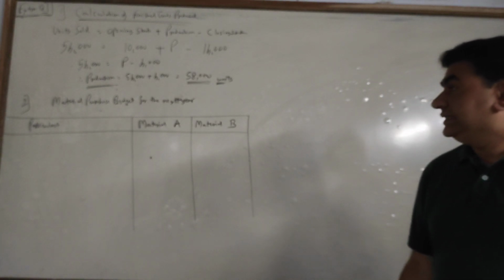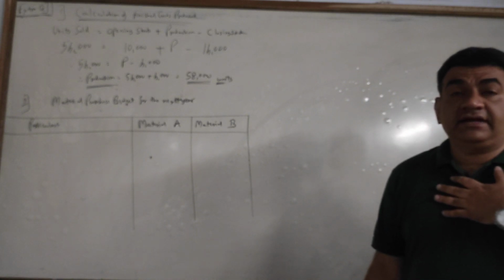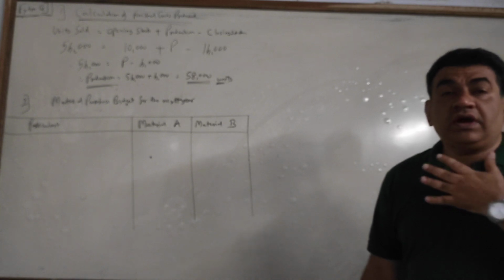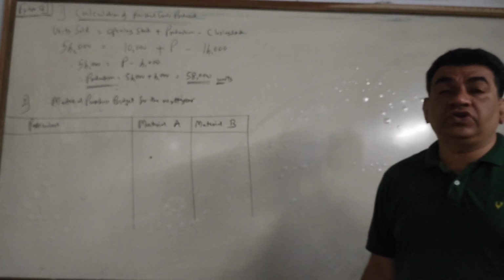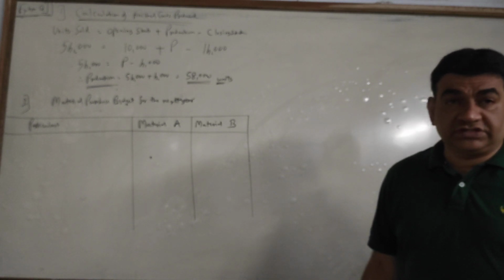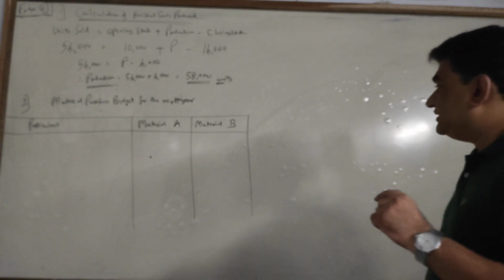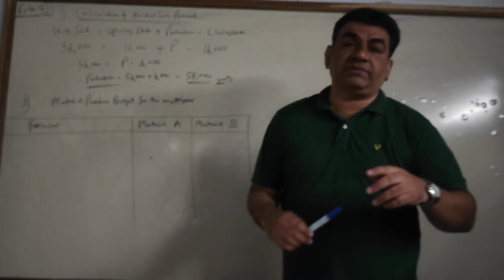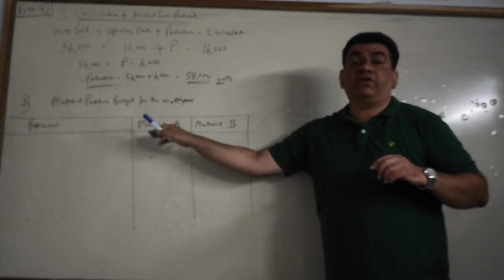Now guys, listen very carefully. To decide how much I have to purchase, I should know how much I have produced, which we got. At the same time, I should know how much I'll be requiring to produce this. That means I need to know material consumed. I will write a formula to make the concept easier, and we will present it in the form of a table.